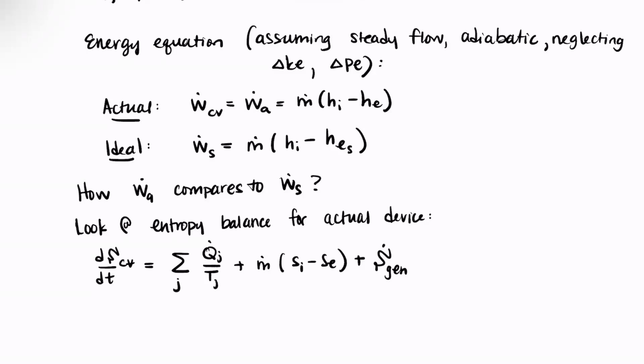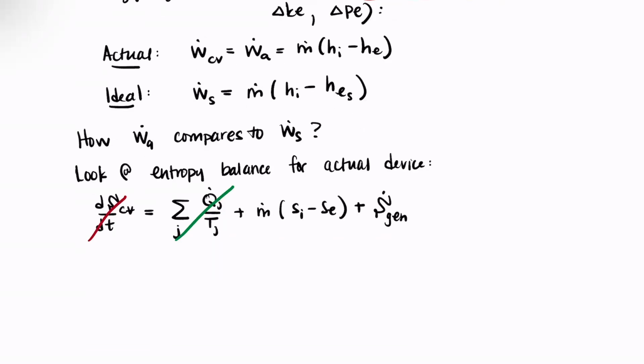Okay, this is steady, right? So I can get rid of the time derivative term. It's also adiabatic, so I can get rid of the Q dot term. And so I have here that m dot times the difference in entropy between the exit and the inlet is equal to S dot gen, which is greater than or equal to 0, right?